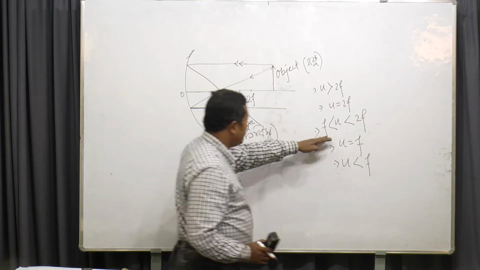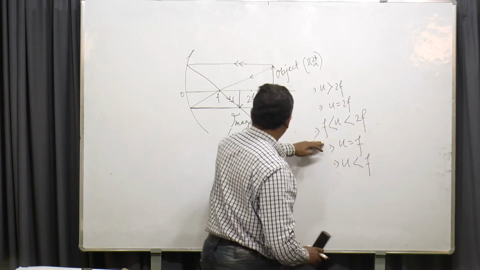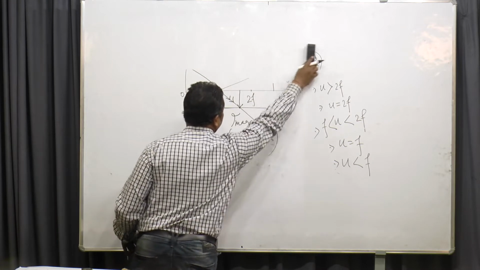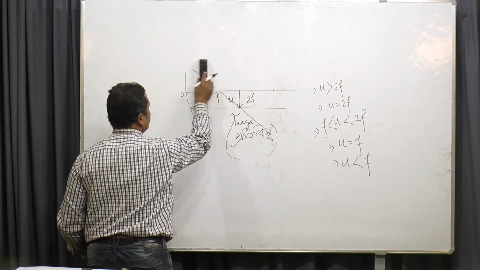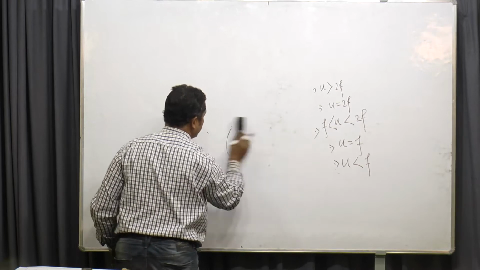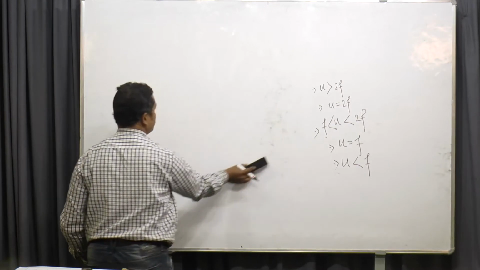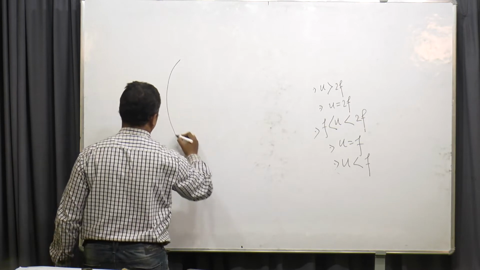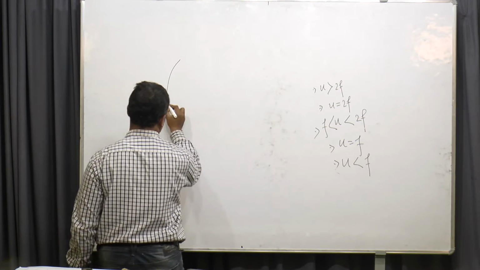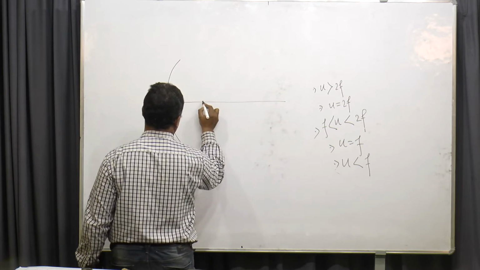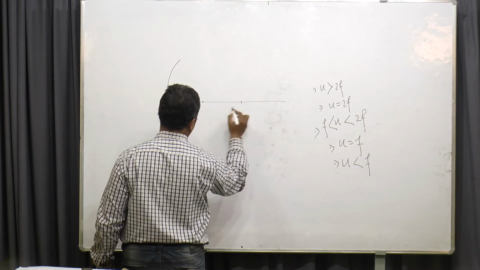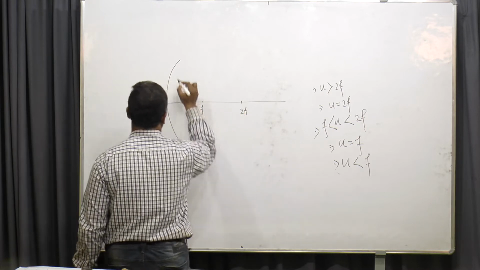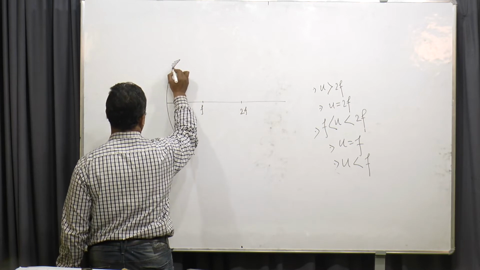Now if you go to this case, let me clear the board. Let it be F here, and twice F. This is a concave mirror.